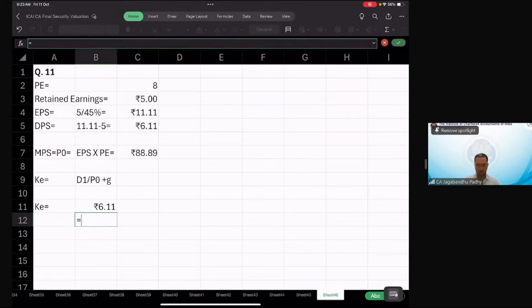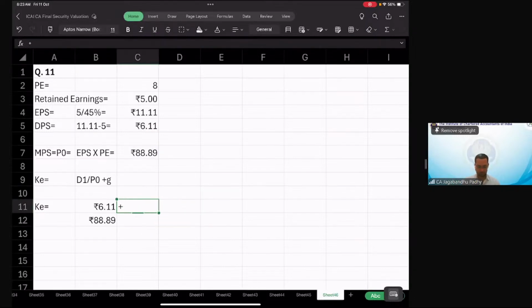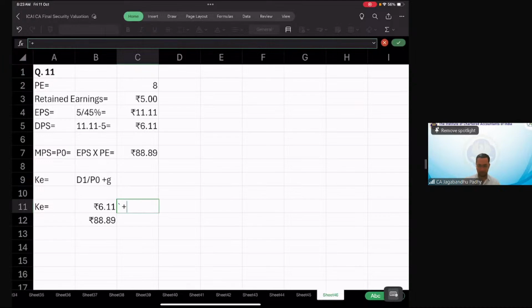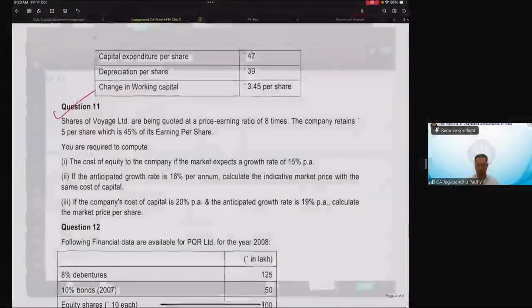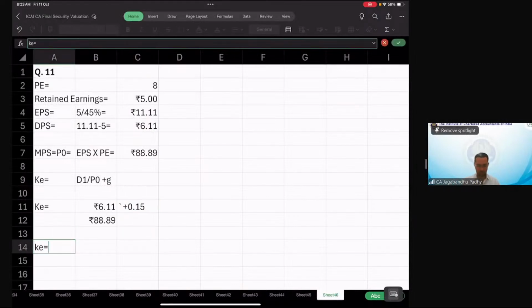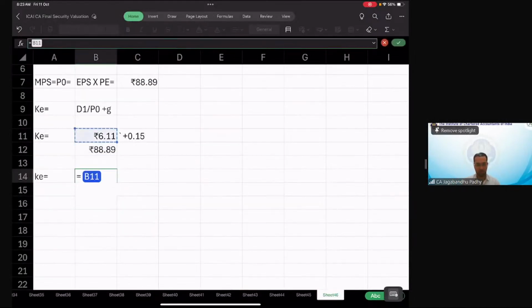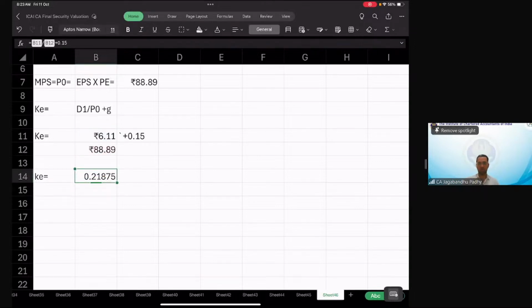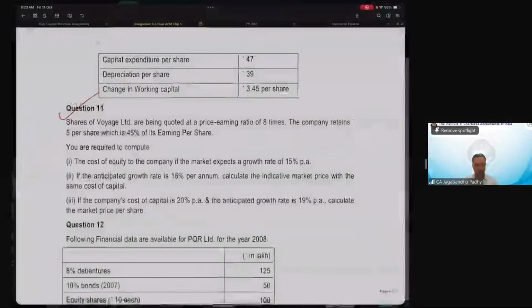So D1 upon P0, on that we will add a growth rate of 15%, which is 0.15. So cost of equity will work out to be 6.11 upon 88.89 plus 0.15, which is 21.875, or 21.88%, is the cost of equity.